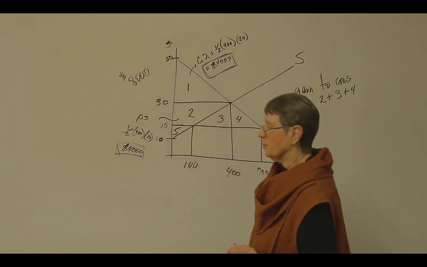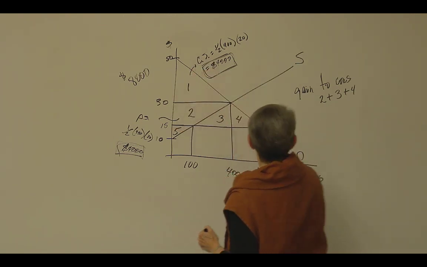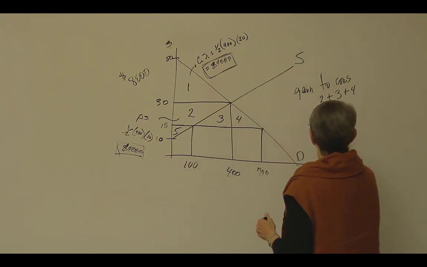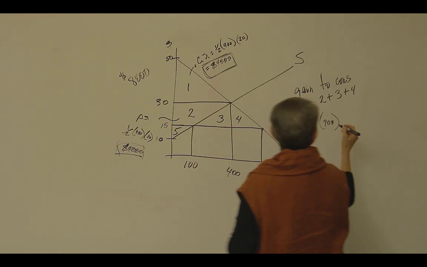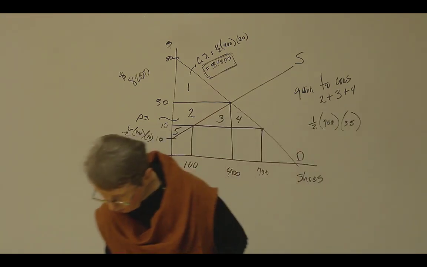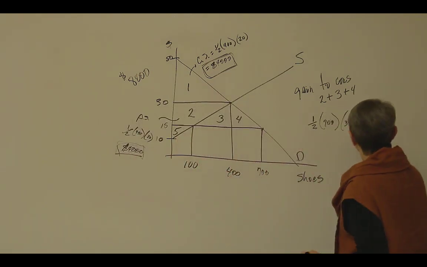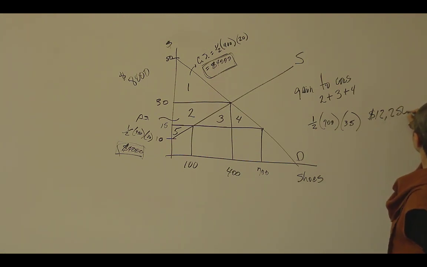Let's look at total surplus now. Total surplus now is this big triangle right here. 1/2 times 700 times 15 to 50 is 35, which is equal to $12,250.